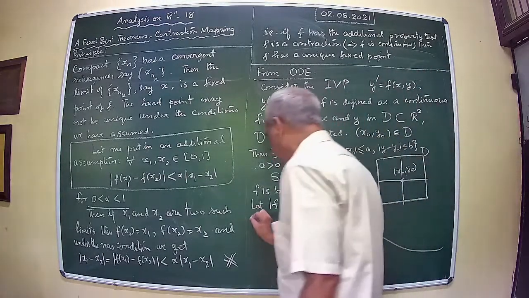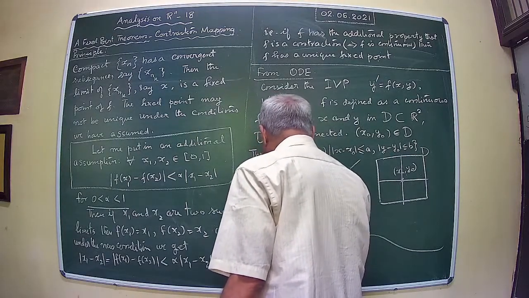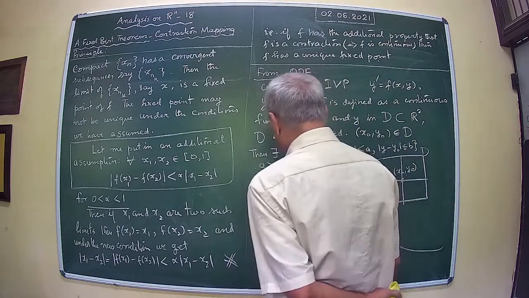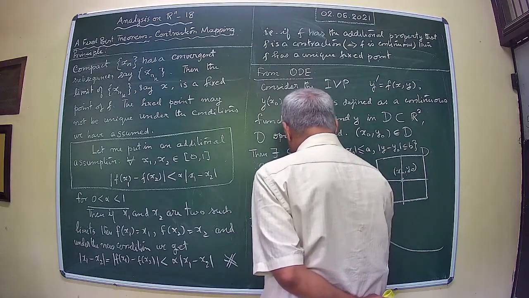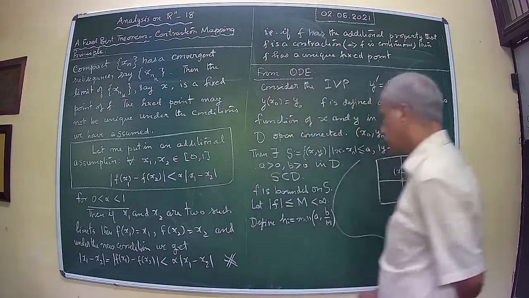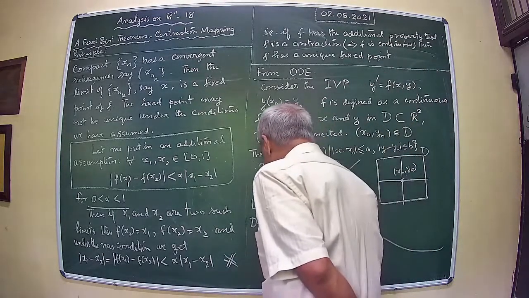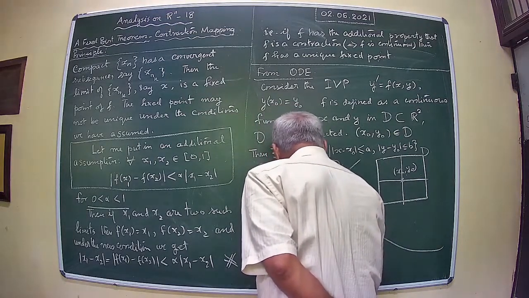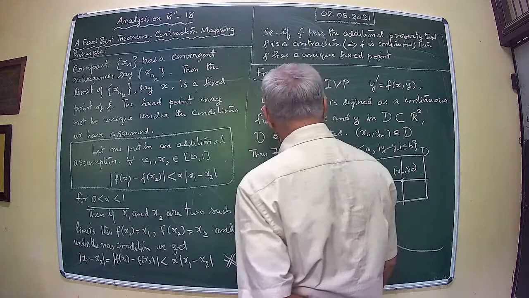Now define H by the minimum of A and B by M. Now consider the rectangle. What is it?